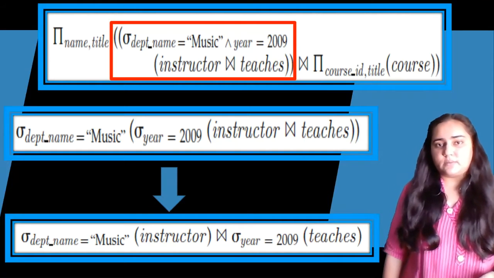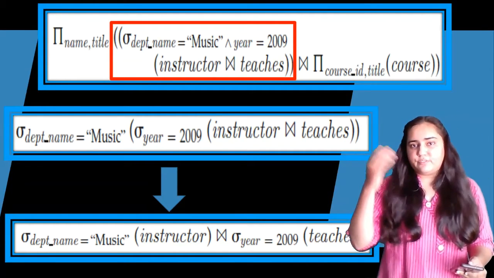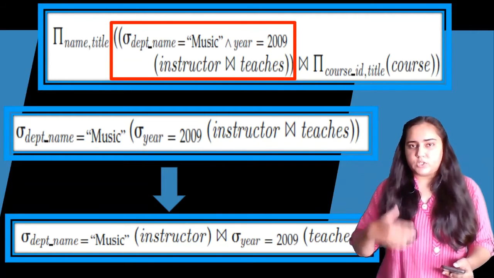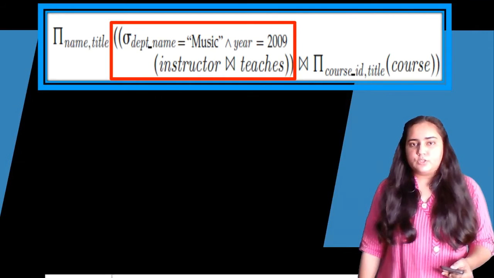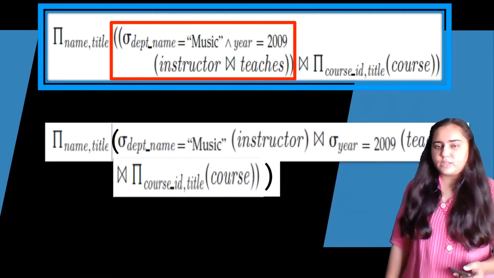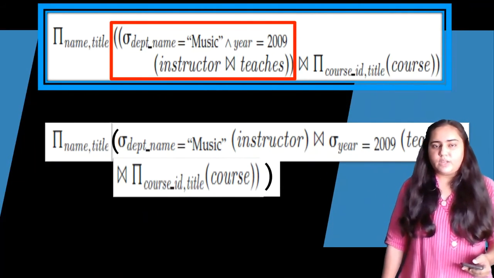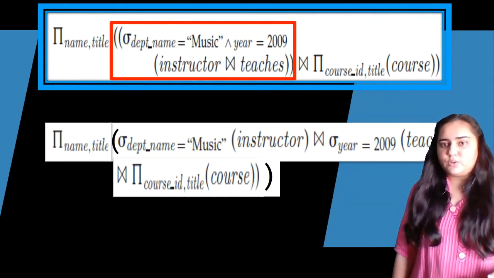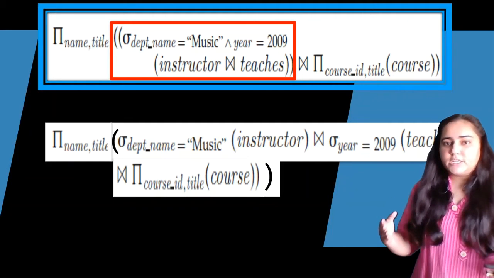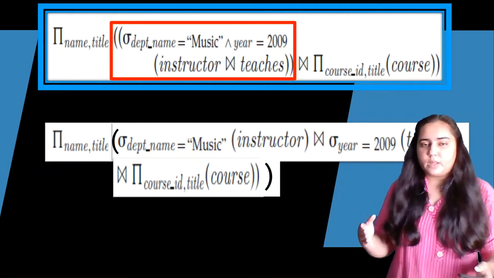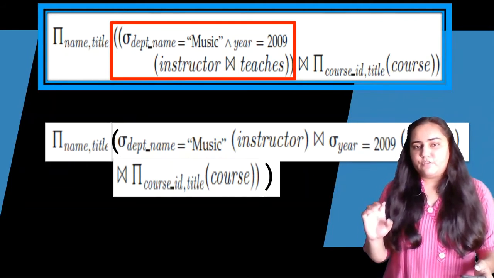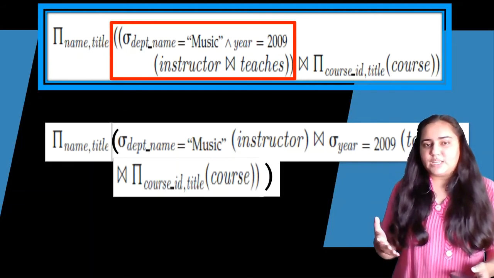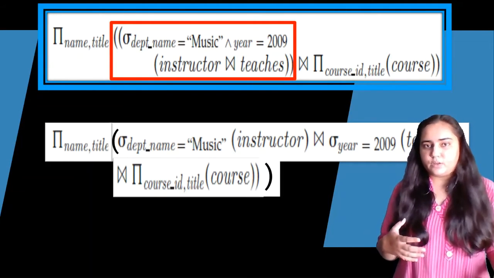Now, once this is ready, I can modify my previous query, where I modified only a part, the red part. I can change that now. So the query would look like this now. You can see in the query there is a pi name comma title, which remains as it is. But there are separate conditions applied to each and every table. For example, to the course table, I have applied a pi condition where I'm taking course ID and title from the course.